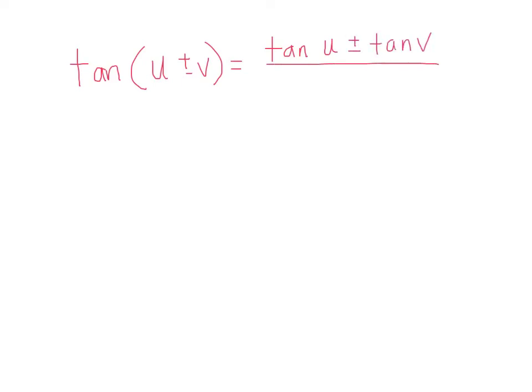Add this formula. Tangent of u plus minus v equals tangent of u, and it's the same sign, plus minus tangent of v, all over 1 minus tangent of u, tangent of v.